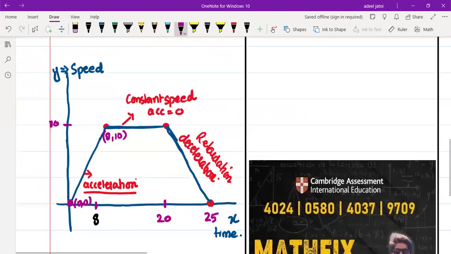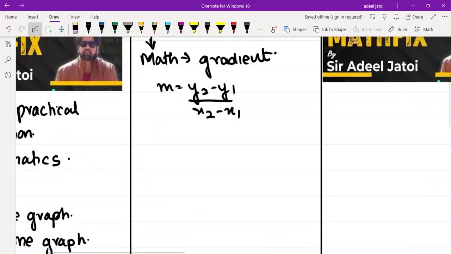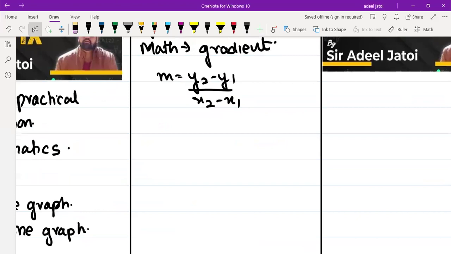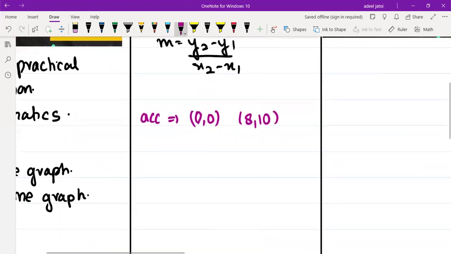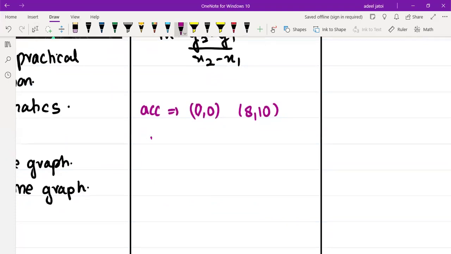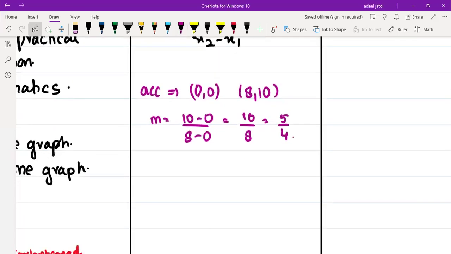So your acceleration will be based upon two coordinates. Number one is 0, 0, and the other one is 8, comma 10. If we use the gradient, 10 minus 0 and 8 minus 0, which is 10 upon 8, which will be 5 upon 4.